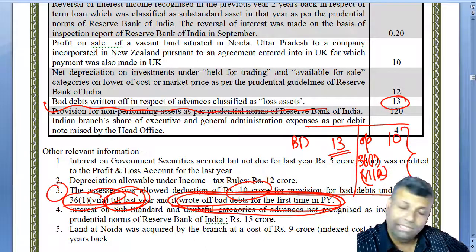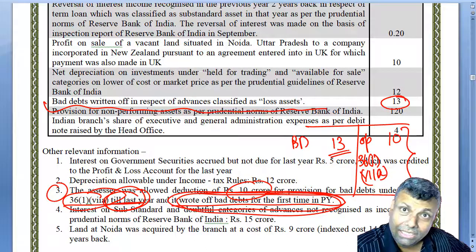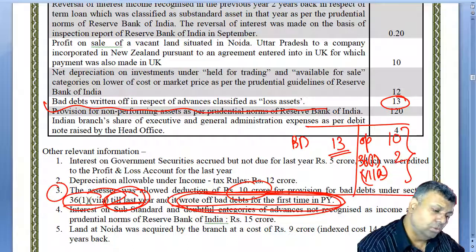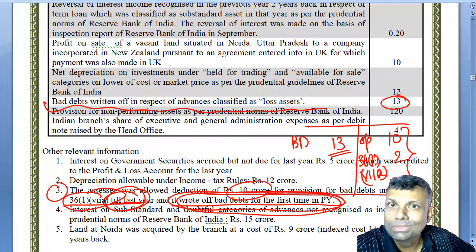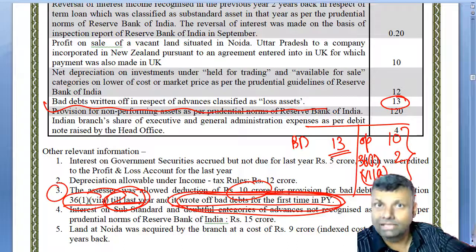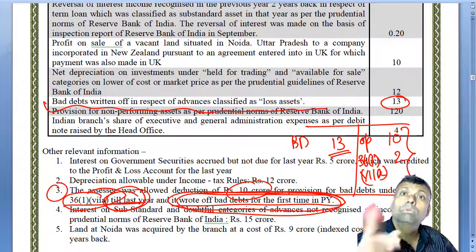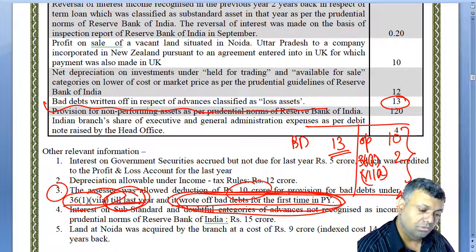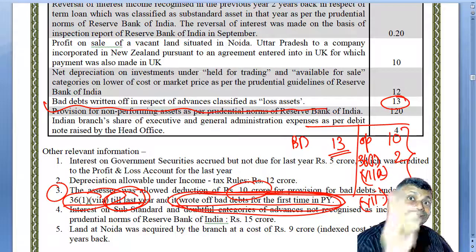Correct? Now supposing the current year 36(1)(7) is only 2, supposing it's an assumed number. So your total reserve is only 12, but the actual is 13. So you will want one more extra deduction. And that one more extra deduction will be under the general provision of 36(1)(7) and not 7A.